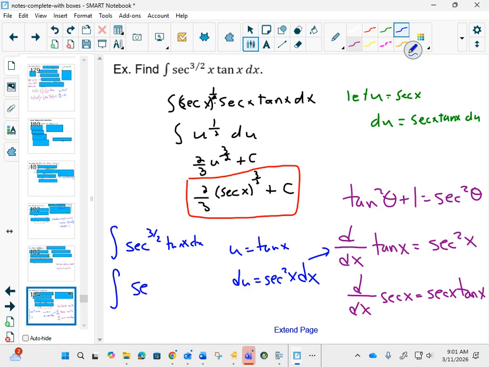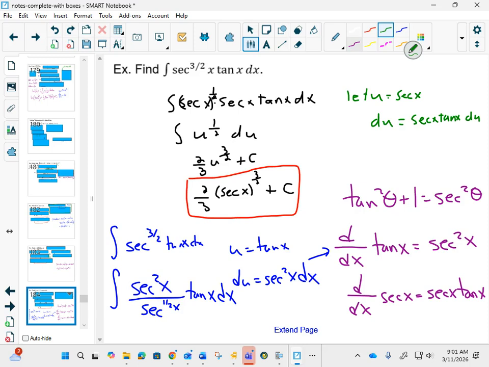So if I have a secant squared, I would have to divide, to get that secant squared, I'd have to divide by a secant to the half, so that I subtract my exponents, and 2 minus a half gives me 3 halves.